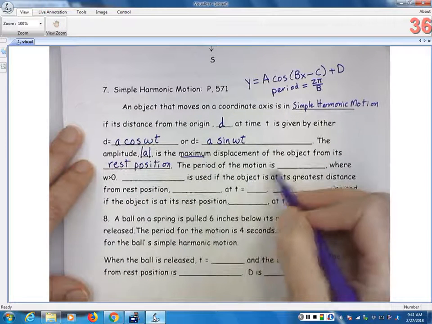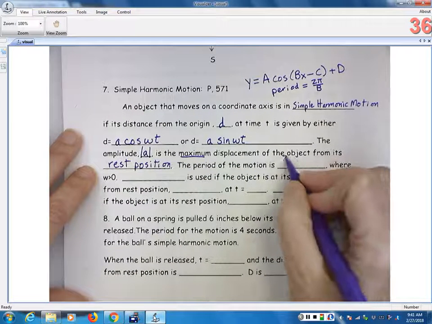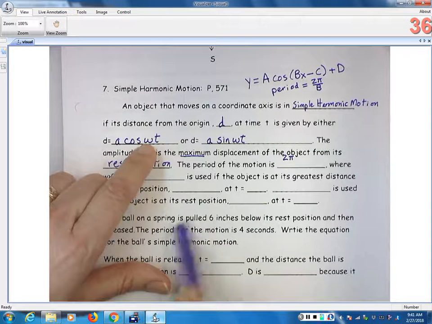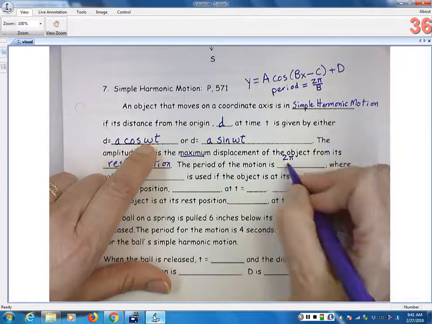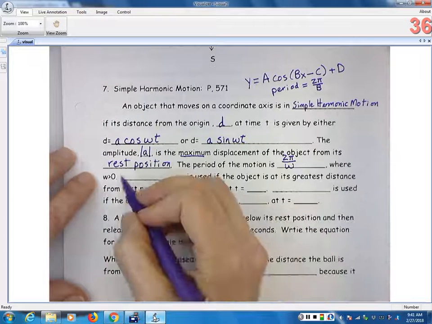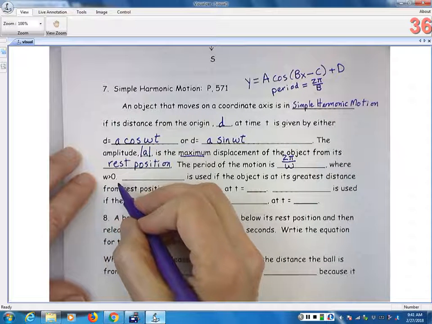The period of the motion is 2 pi over omega, since we're using omega instead of b, where omega is greater than 0.